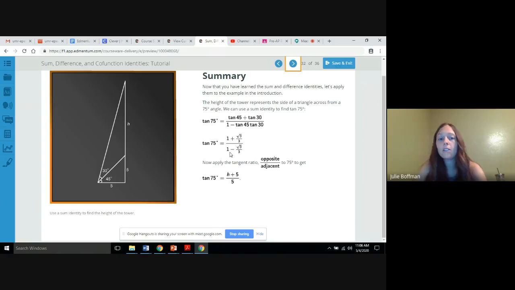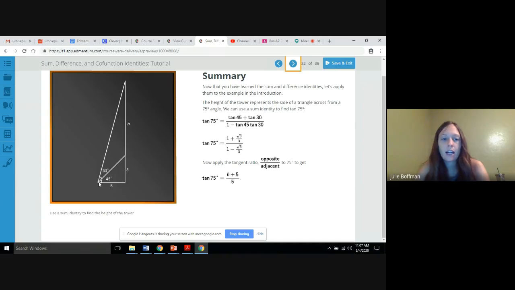And so what they also said is we also know tangent 75 separately, not using what you just did, is going to be equivalent to whatever opposite over adjacent is, using SOHCAHTOA. So if you're using this big triangle, because we're using the 75-degree angle, the opposite leg would be this long side, which would be the h plus 5.